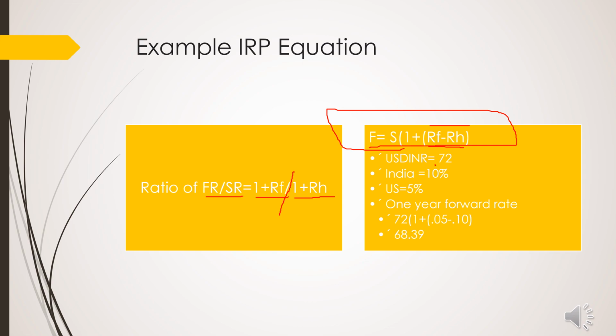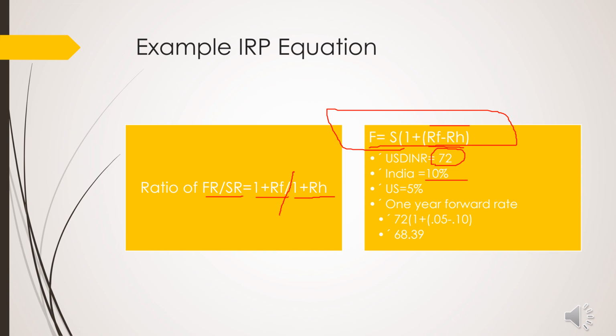And we can go for an example here. Let's apply it in the equation. We have USD INR at 72, that is 72 rupees per dollar. Then in India the interest rate is 10%, and in US it is 5%, and the 1 year forward rate will be 70.